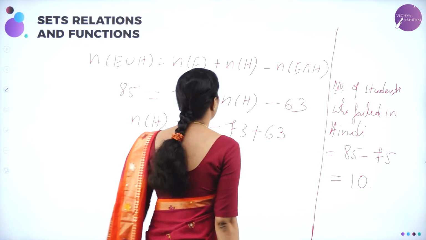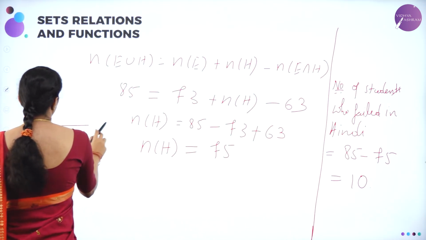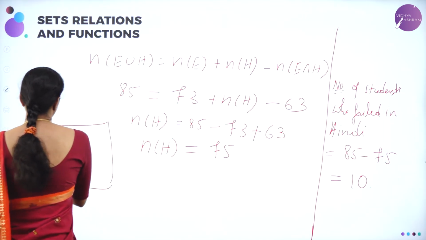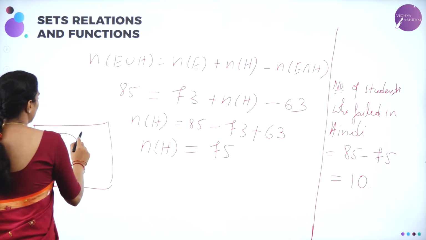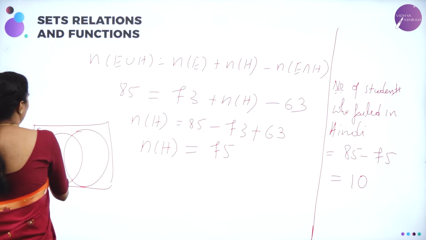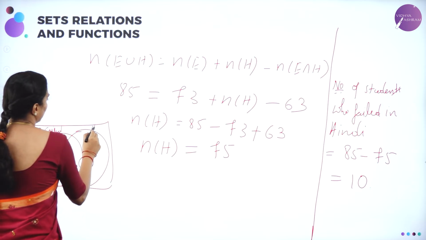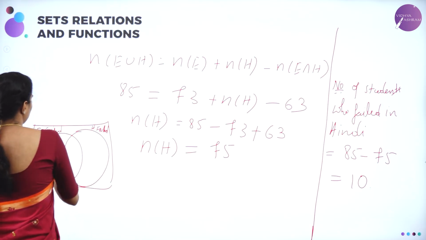Correct? So therefore I can write the Venn diagram for this like this. See, this is a Venn diagram. Who failed? I am going to take the Venn diagram as, this is English failed and this is Hindi failed. Only this particularly I am going to write here. And then this is the union.